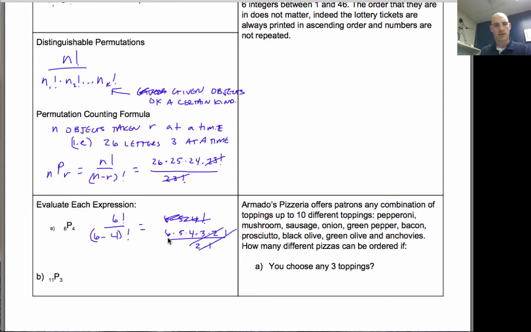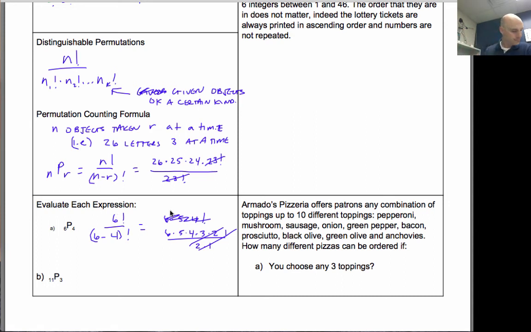These cancel out, so I've got 6 times 5 times 4 times 3. Conceptually, 6 objects chosen 4 at a time means 4 bins, the number of choices: 6 starting, then 5 because you chose 1, 4 because you chose 2, 3.